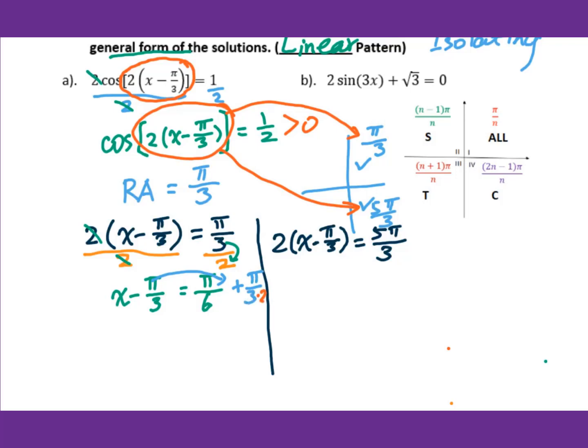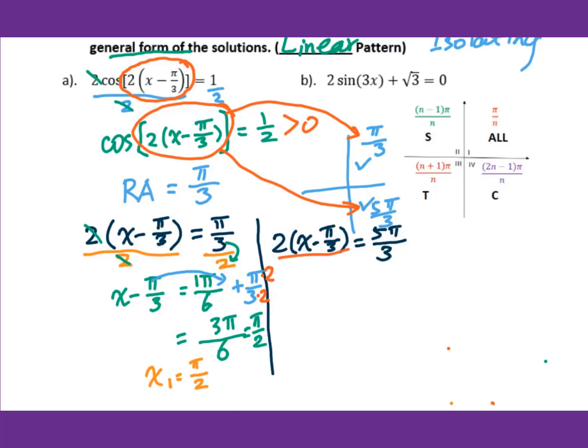For the denominator, multiply this one by 2. You will get denominator 6, 1 pi plus 2 pi, that's 3 pi. Reduce, that's pi over 2. So you got x1 equals pi over 2.